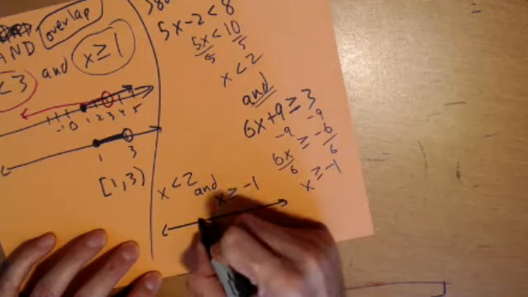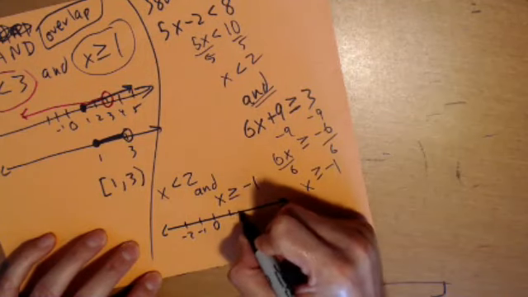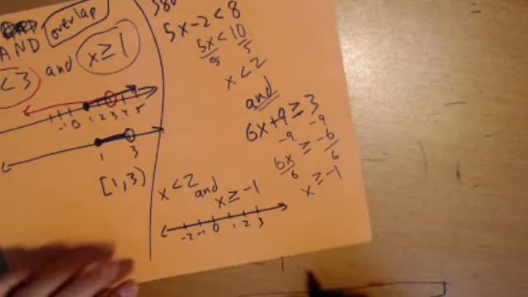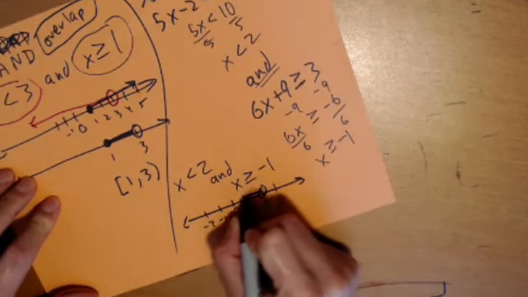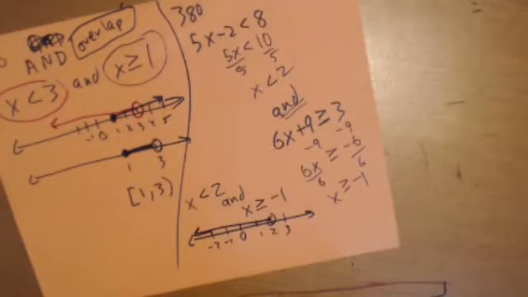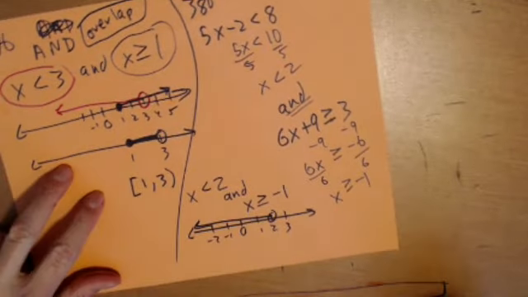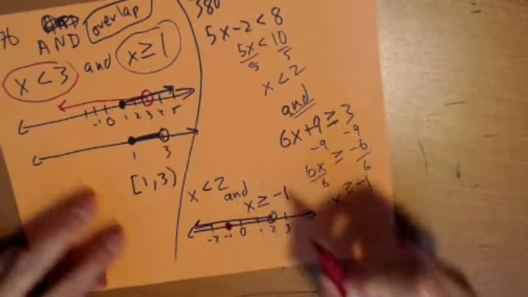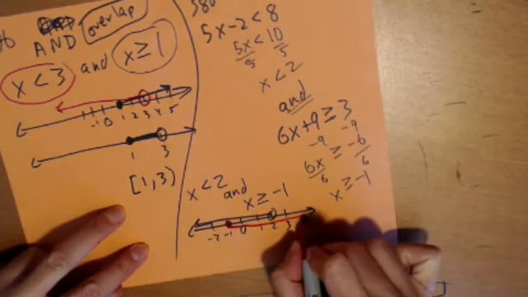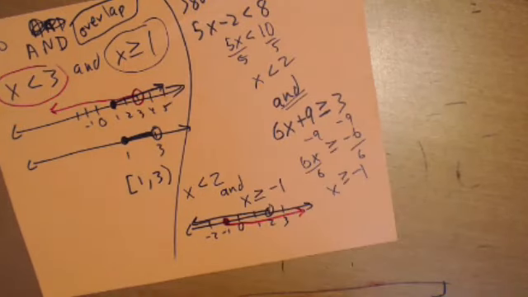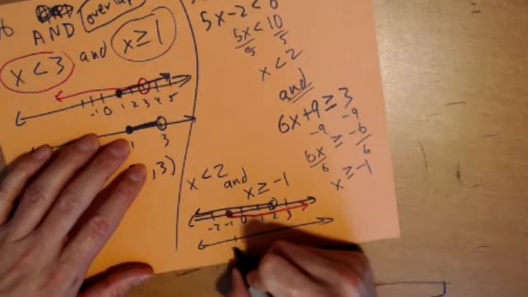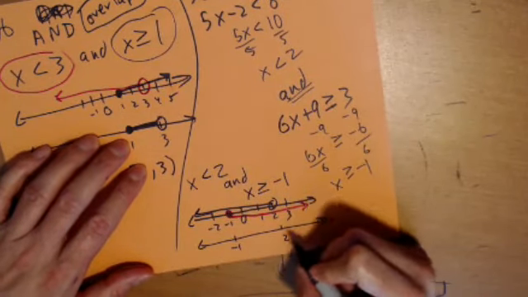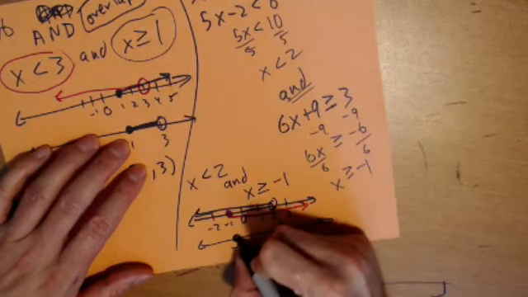So 0, negative 1, negative 2, 1, 2, 3. X value is less than 2, I'll do an open circle, everything this way. And then x value is greater than or equal to negative 1, solid circle, everything that way. The "and" is where they overlap. So from negative 1 to 2, closed circle, open circle.